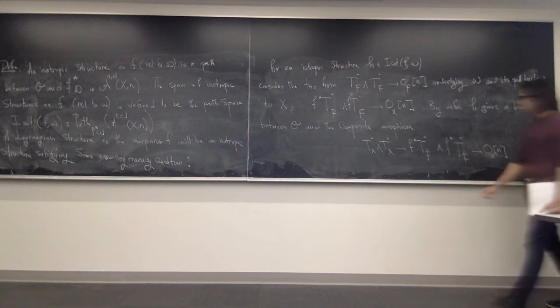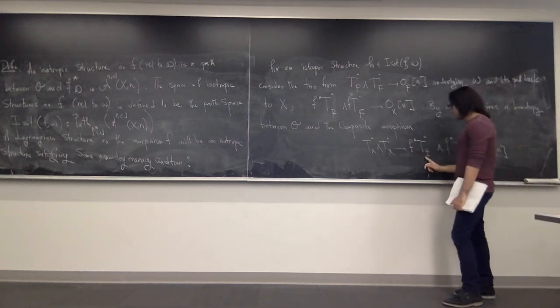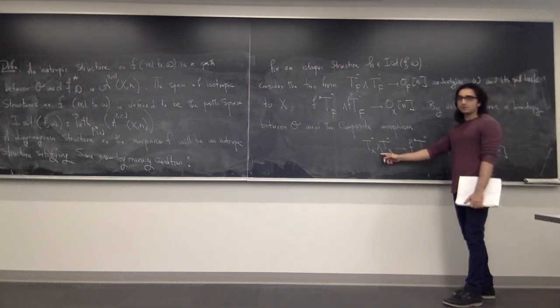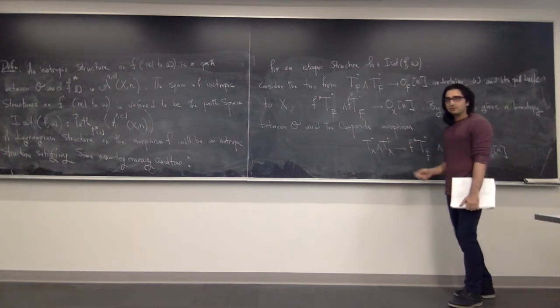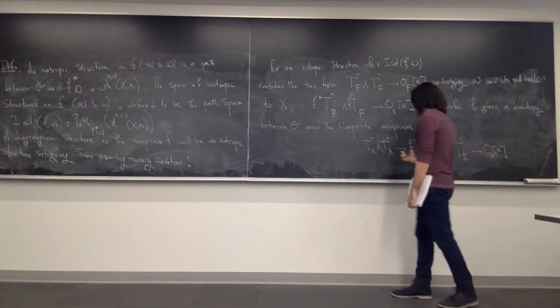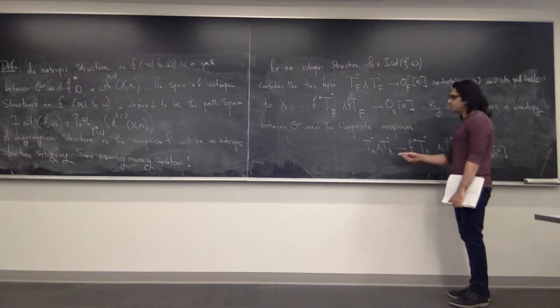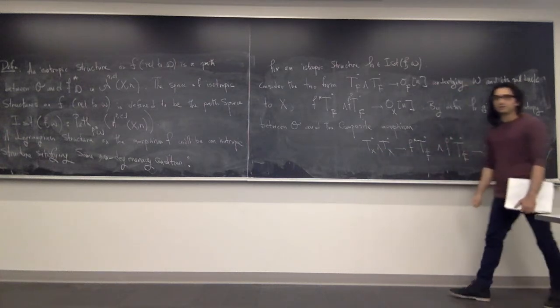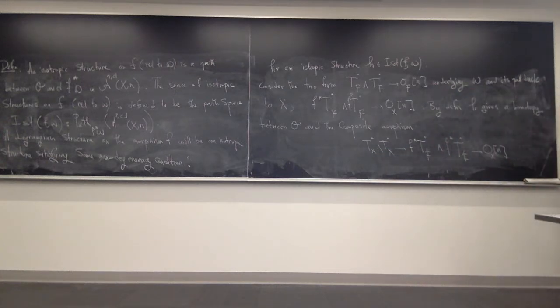I think it is obvious to you that the pullback of the cotangent complex of F gets mapped to the cotangent complex of X. Dualize it, then the pullback of the tangent complex gets mapped to the tangent complex of X. So this is natural.